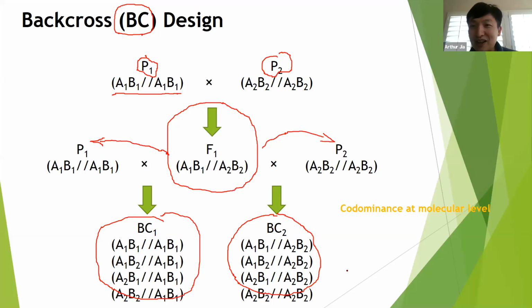Every allele can be seen by sequencing, right? So in this case, we can say all these alleles are co-dominant. At the molecular level, they are phenotypes that we can observe. So this can help us a lot in the genotyping, right?